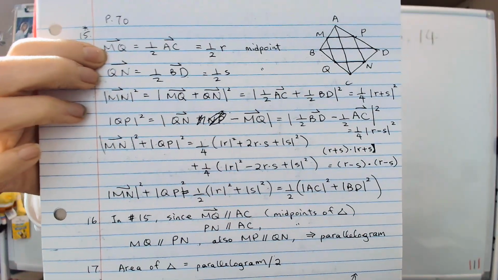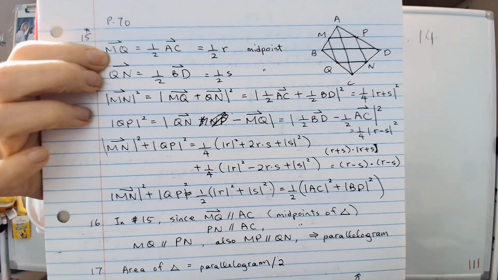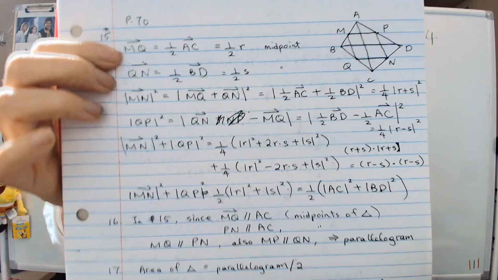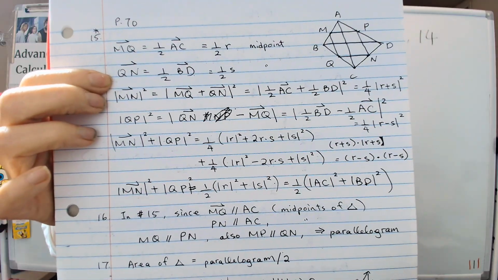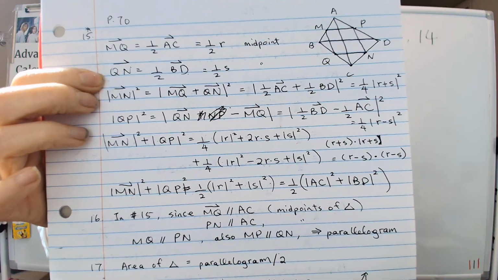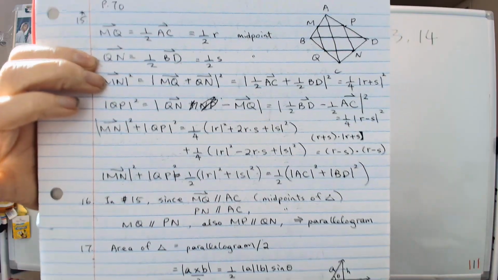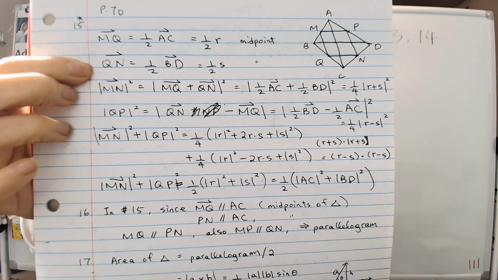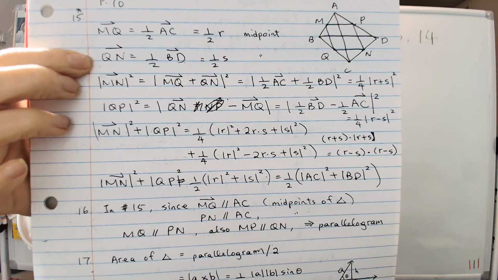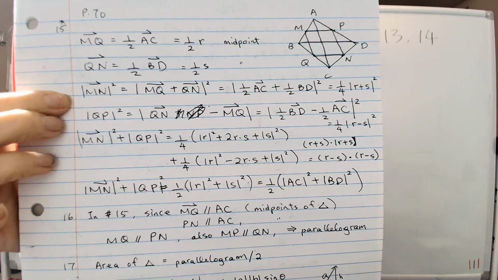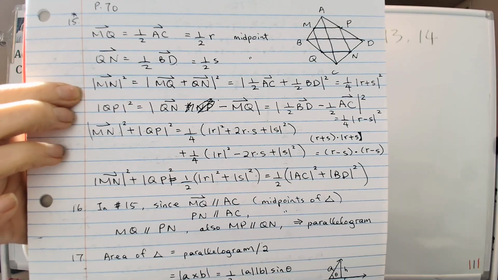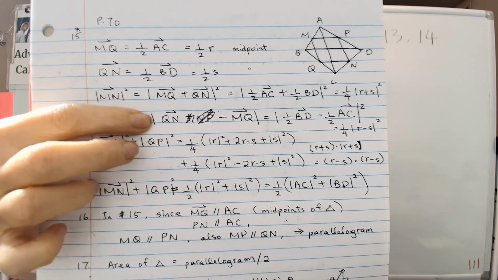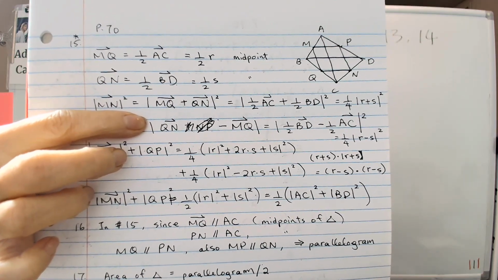So anyway, MQ is half of AC, and we'll call AC R for the math later. And then similarly, QN is half of BD, in the same direction. We'll call BD S. So then MN, which I didn't draw here, in vector notation is equal to MQ plus QN.